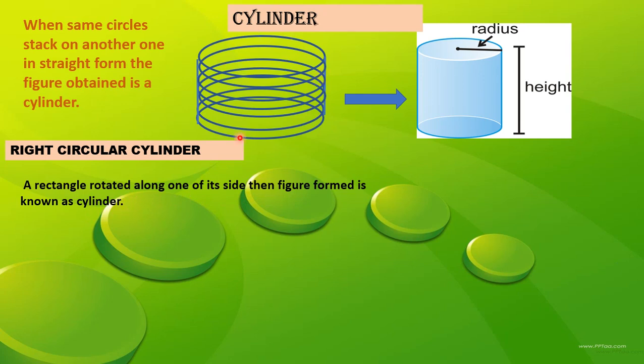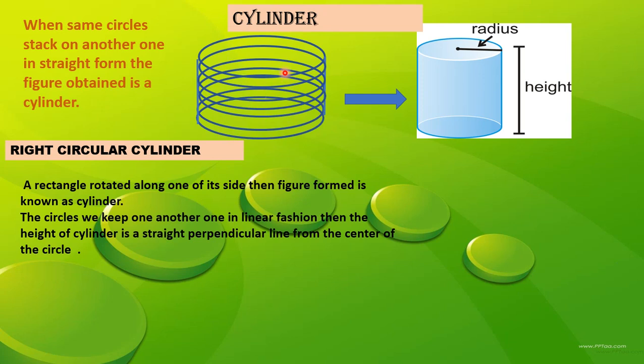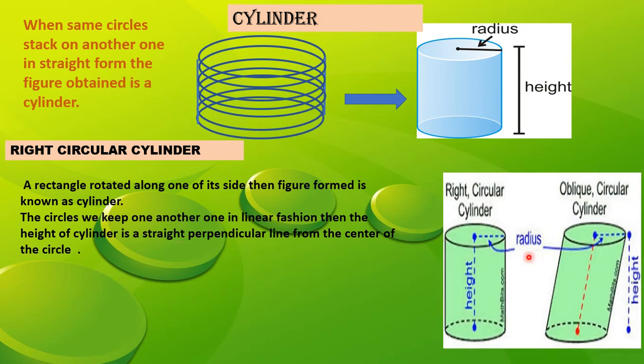Or in this example, when we stack the circles one over one in a linear fashion, that means the height of the cylinder is a straight perpendicular line from the center of the circle. Here we can observe this is the cylinder where all the circles are arranged in such a manner that the height of the cylinder is a straight line.